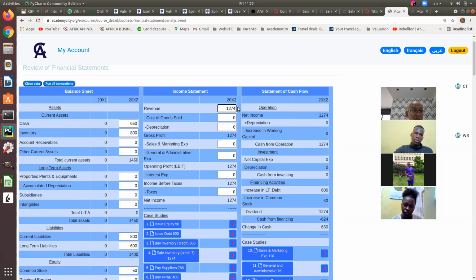I really should have extra cash, whatever the customer paid me in cash. And whatever they didn't pay me, they will pay me in the future. So the 7, they will pay in the future, and the difference I should add to the 650.